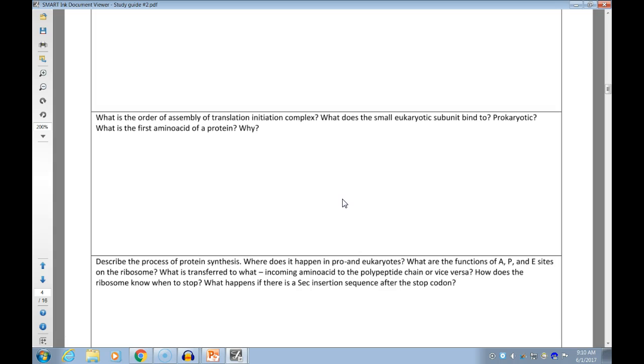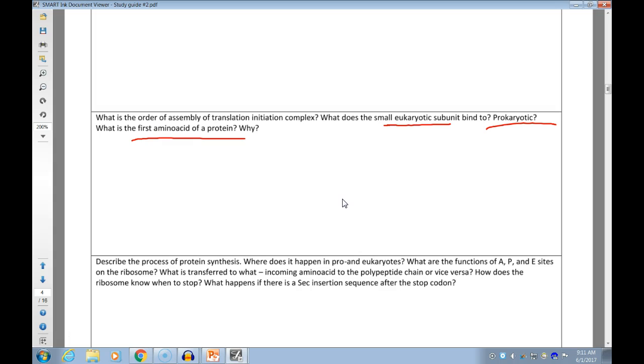Order of assembly of the translation initiation complex: mRNA binds the small subunit first. The small subunit of eukaryotes binds to the 5' cap, prokaryotic to the Shine-Dalgarno sequence, and then it binds tRNA. Remember which first amino acid?